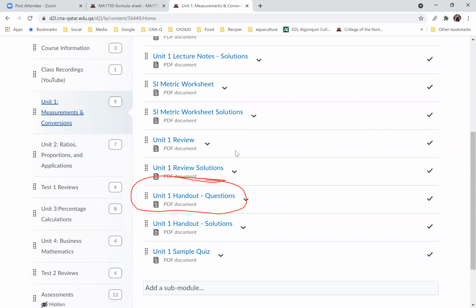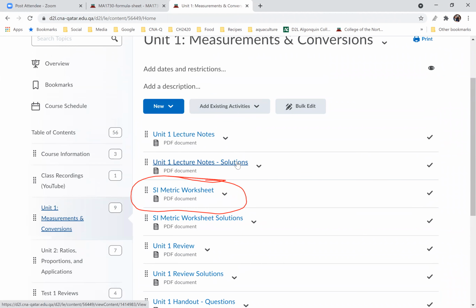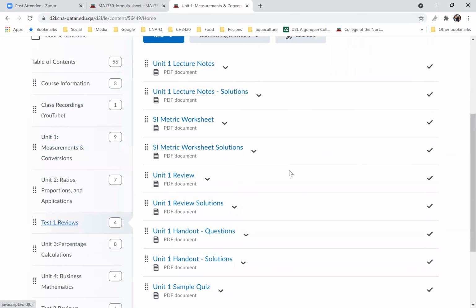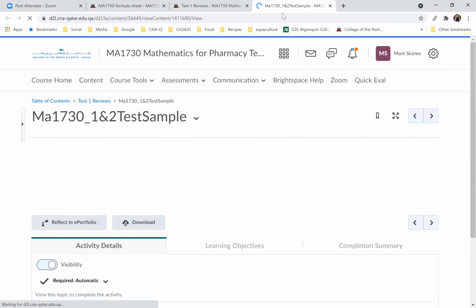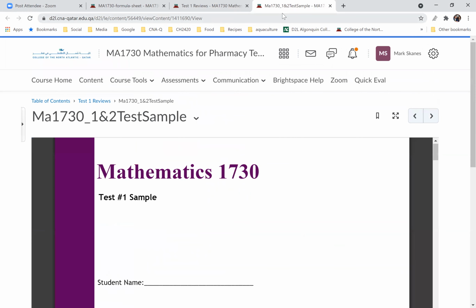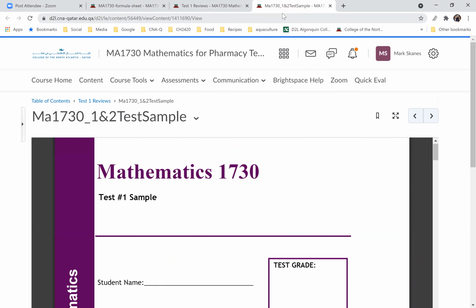Maybe in Unit 1, you really struggled with metric conversions. Well, maybe you could do the metric conversion worksheet. But if you just had one thing to do, I would stick with the sample test here, which I'm going to open up, obviously, in another tab. So this is kind of what I'll go through today. We'll look at some of the questions here.